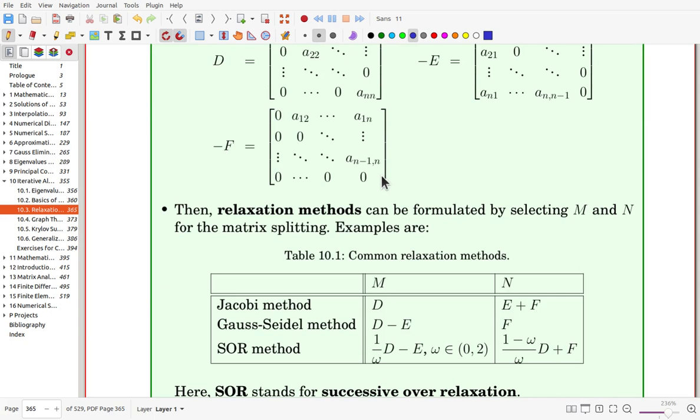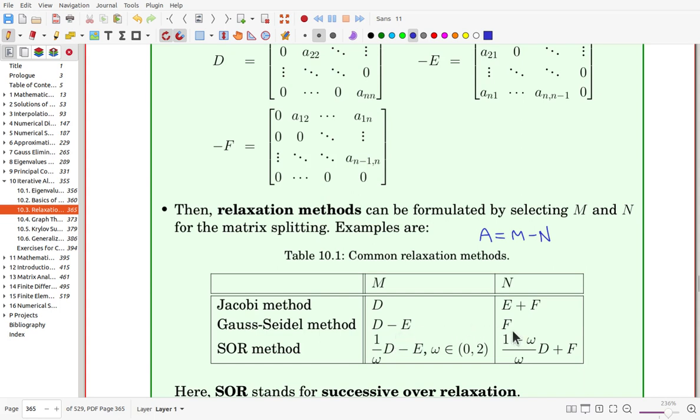The relaxation methods can be formulated by selecting M and N so that A = M - N. For example, the Jacobi method selects D for M, so that N must be E + F. Now, the Gauss-Seidel method selects D - E, which means the diagonal and the lower portion.